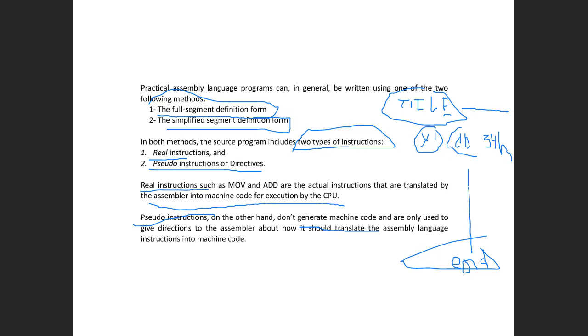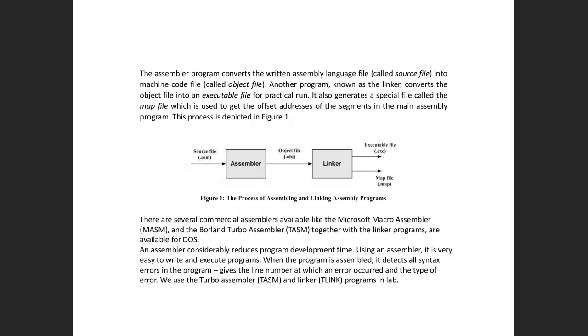So they are used like directives. The main thing is they do not generate machine code. That means there is no machine code for END, there is no machine code for title.